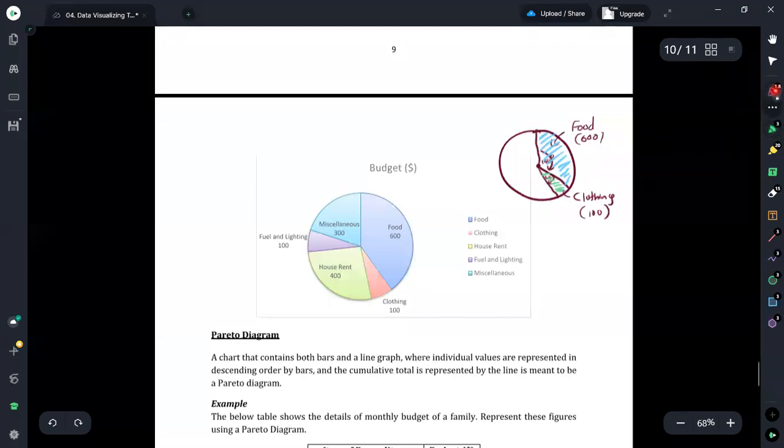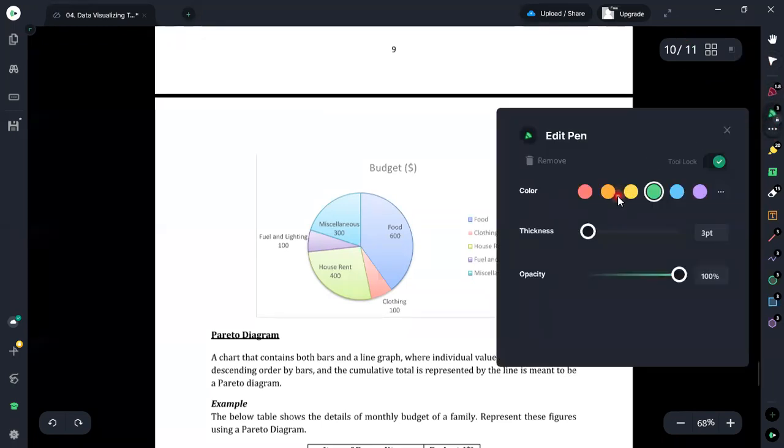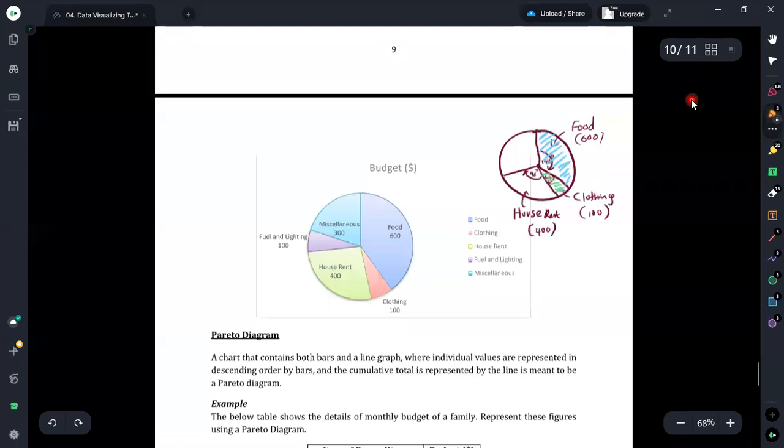Therefore I have to find out this 96 from this point, 96 degrees, and we can name it for house rent. And if you identify the number of elements in that category, it is around 400. Therefore if you color it, then we can take the color for house rent in this way.